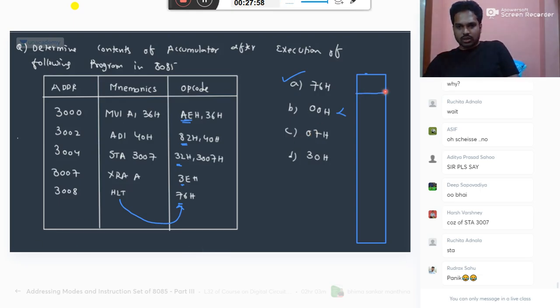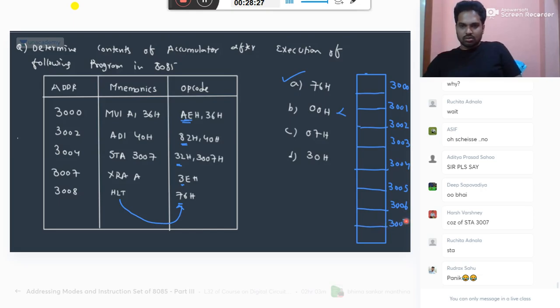Everybody knows this. The computer stores the program as 3E 36, C6 40, 32 07 30, 76. Yes or no? 1, 2, 3, 4, 5, 6, 7, 8, 9. Total 9 bytes are stored.